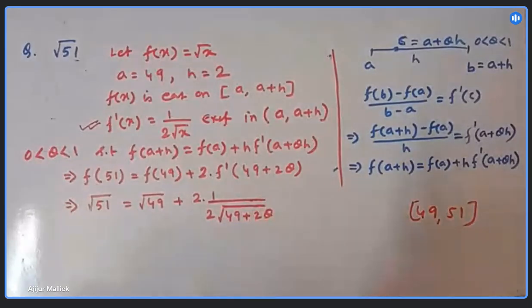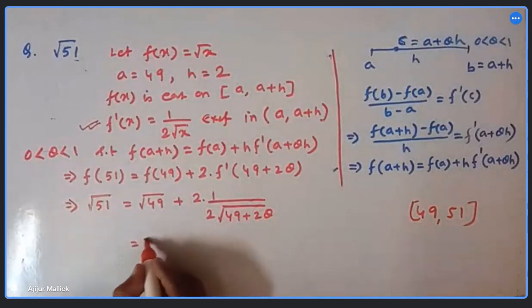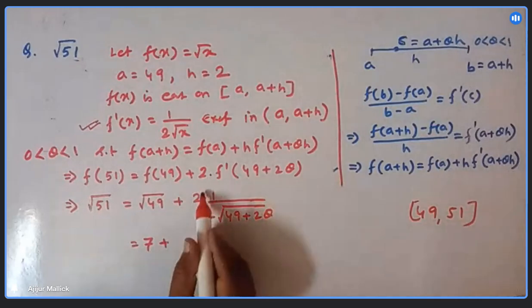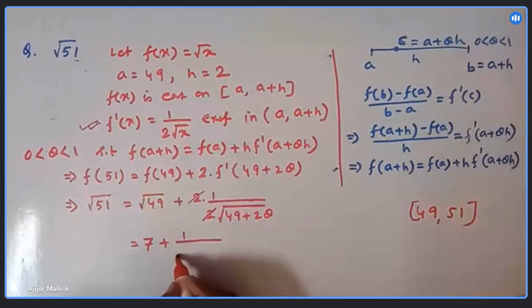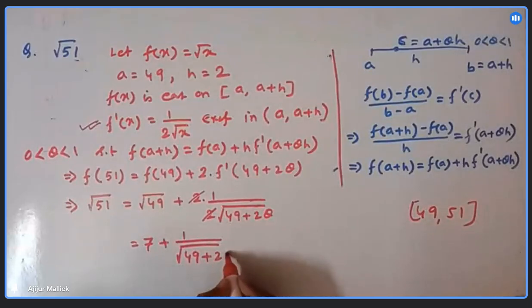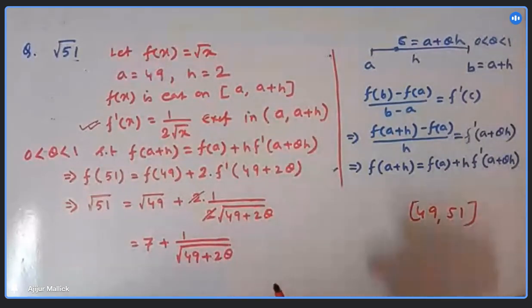This is actually 7 plus, the 2 cancels. It is 1 divided by root of 49 plus 2 theta.